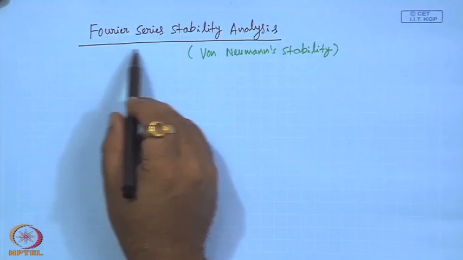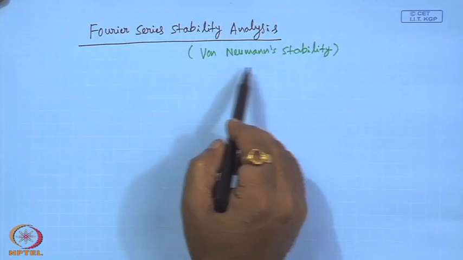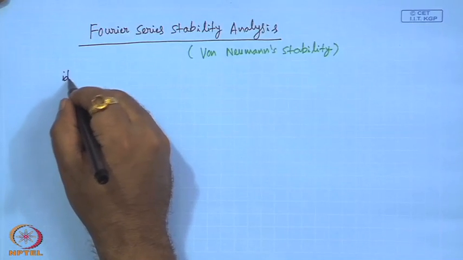As the title says, Fourier series stability analysis also has another name, von Neumann stability analysis. Okay. So, what is the idea?